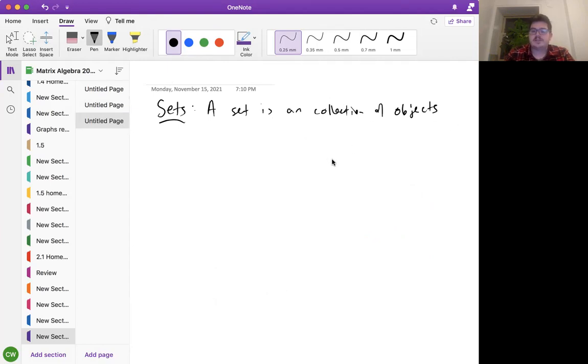So here's the definition of our set. A set is a collection of objects, but to account for Russell's paradox, the set is not itself an object.